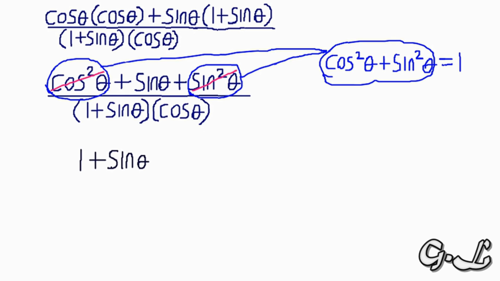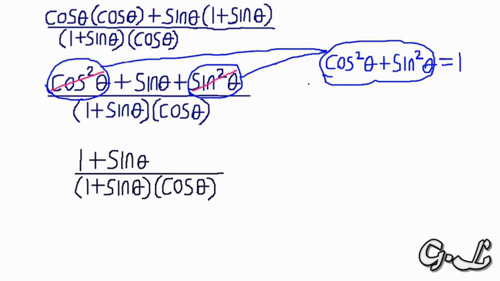Again, we have the denominator as open brackets 1 plus sine theta, close brackets, and then open brackets cos theta. So when you try to check, we have the numerator, which is 1 plus sine theta, and that part is also present in the denominator.